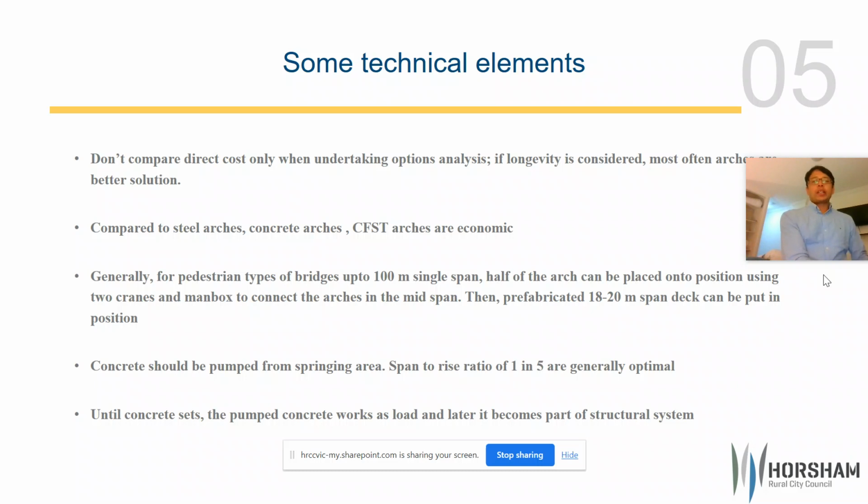Some technical elements that I would like to talk about here: one key thing is making sure that when you are doing appraisal of whatever projects, whether it is an arch bridge or suspension bridge or cable steel bridges or any other modular type of structures, always look into the longevity aspects.